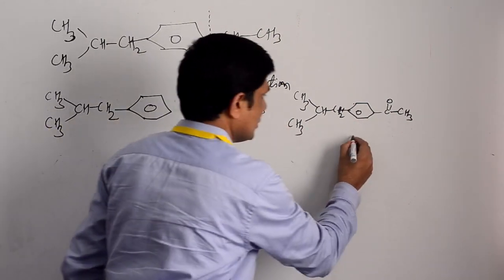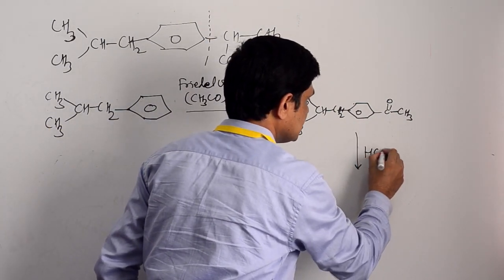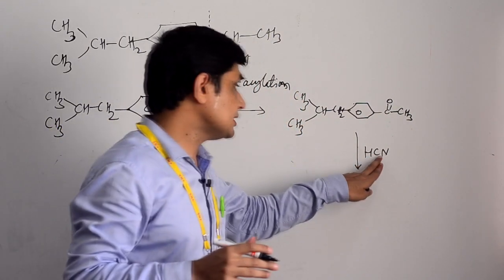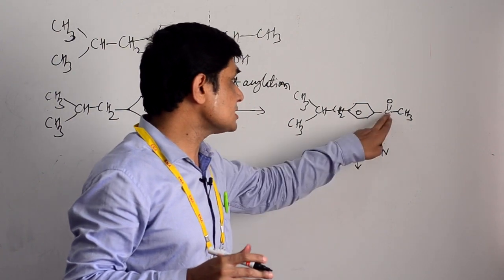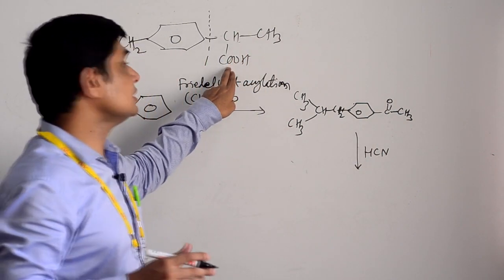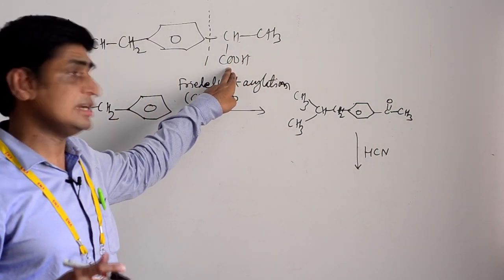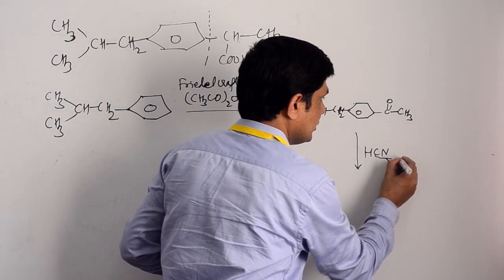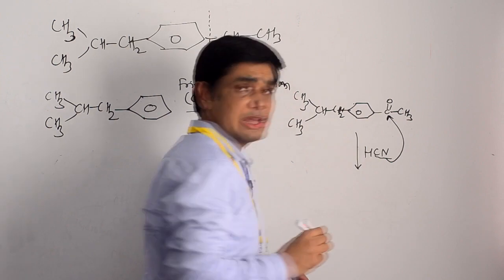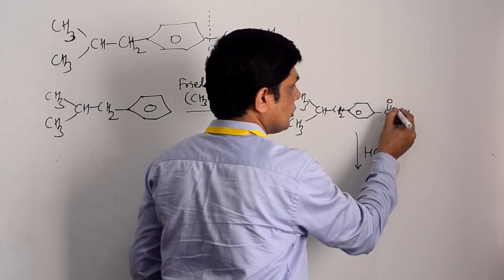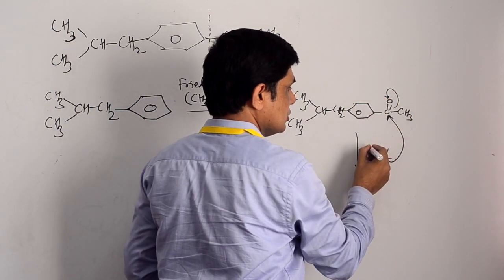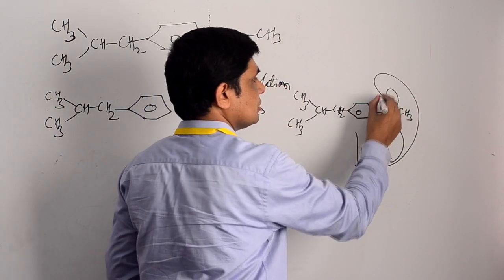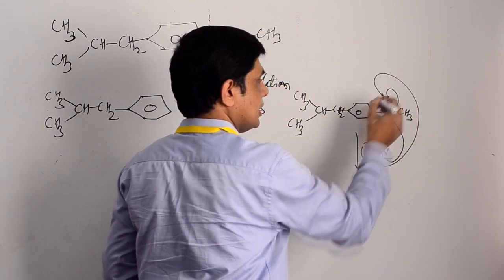Again we have to add HCN, an addition reaction. Why do we have to add HCN? Because if we add CN, then CN will later convert into COOH. CN will bind to the electrophilic carbon, so the double bond will shift to the oxygen, and H will bind to that oxygen and form OH.